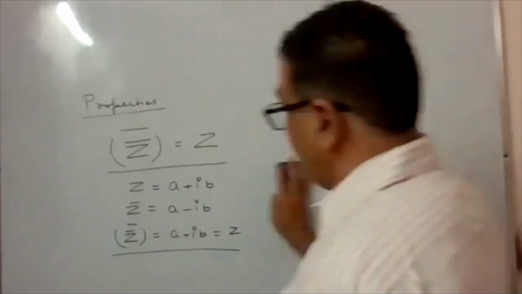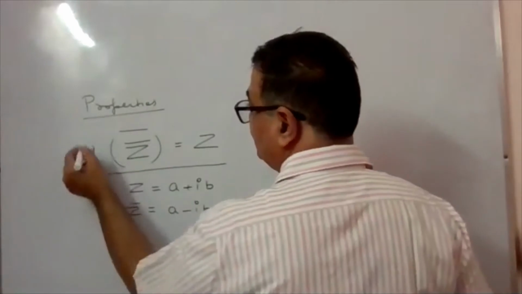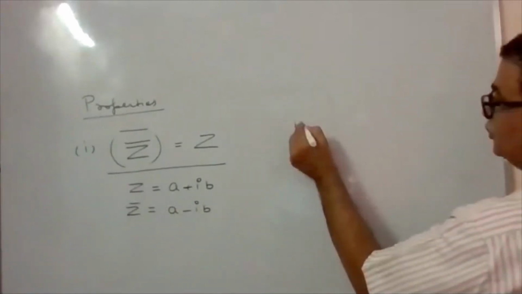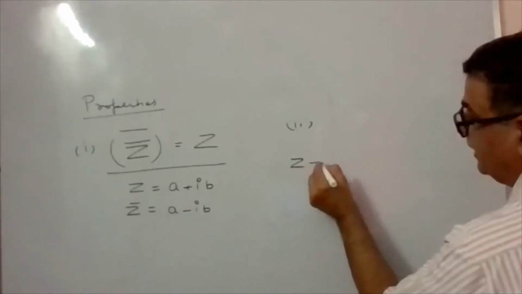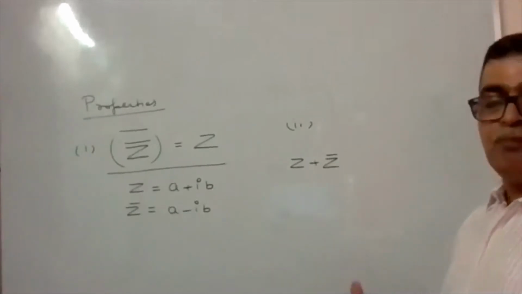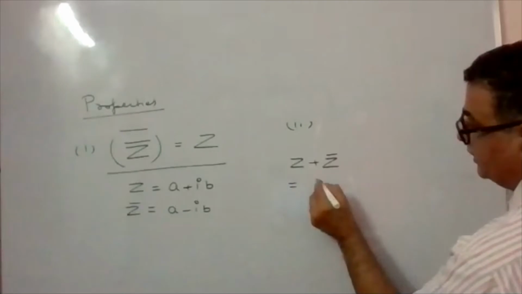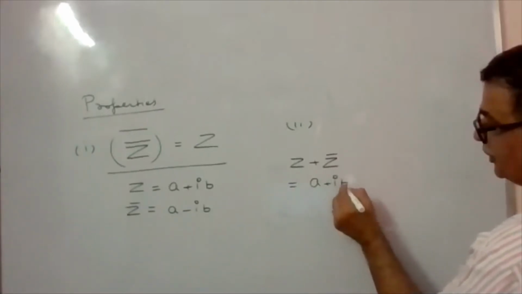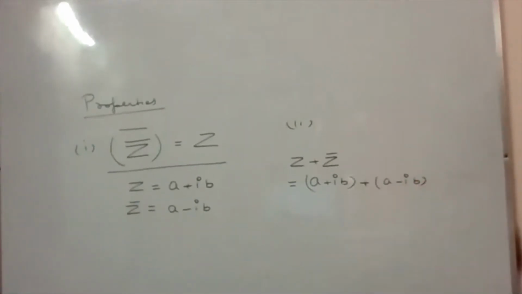Second property, write down please. This is property number 1 I told you. Now we are taking property number 2. If a complex number is added with its conjugate, what will it come out to be? It will be a plus iota b, and then this will be a minus iota b.